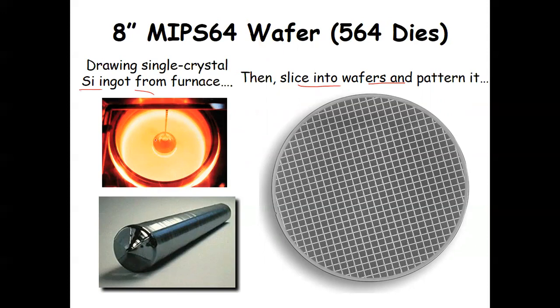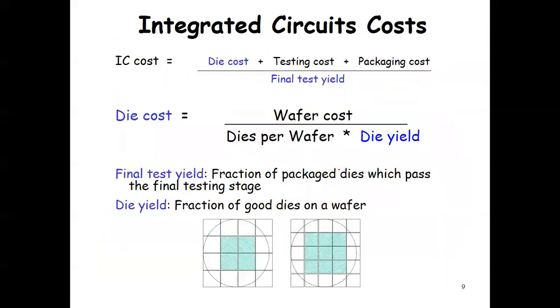In the furnace it will be in a molten state, and then we take it out and cut it into several slices, and these individual slices are called wafers. And on these wafers, the transistors will be placed.